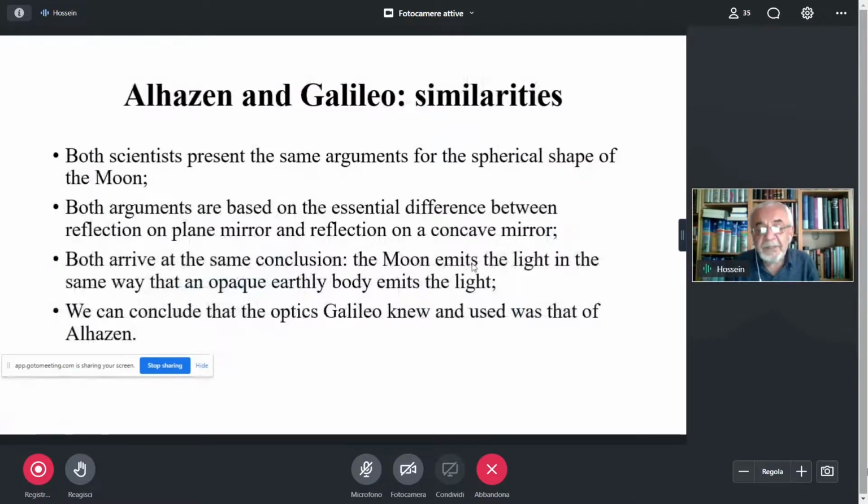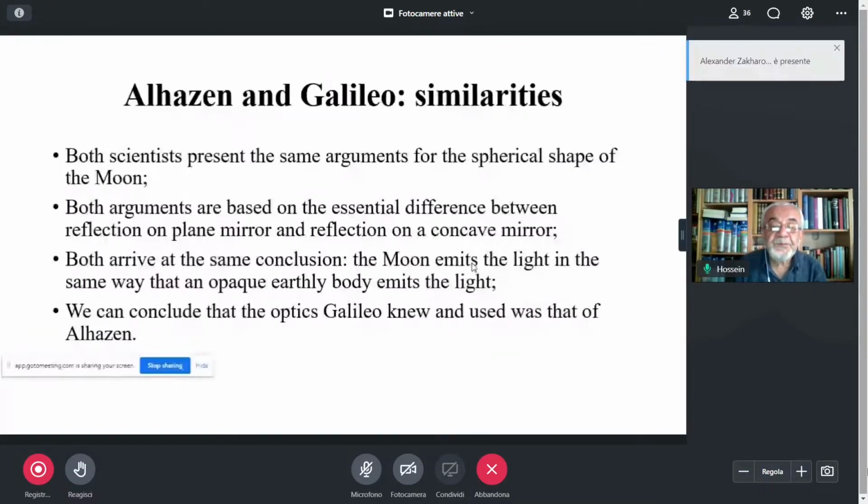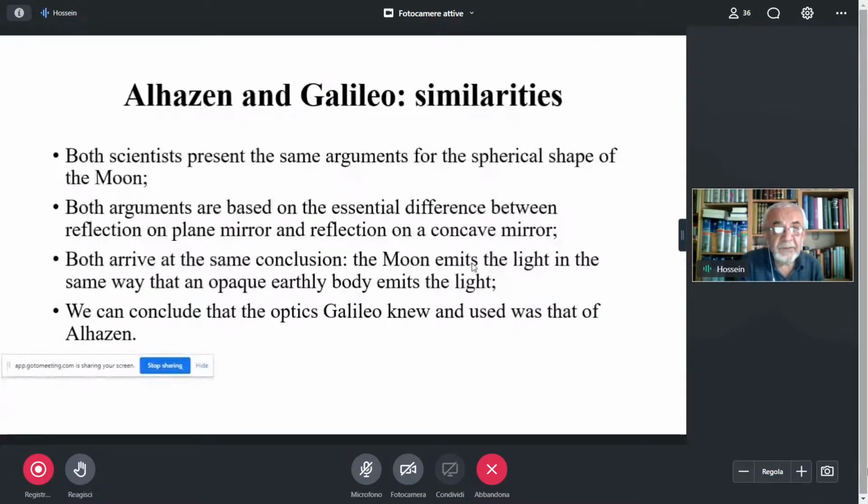Now, if we compare the two scientists, the two men, we see some similarities and some differences between their approaches. As I said before, the arguments they present for the spherical shape of the moon are almost the same.